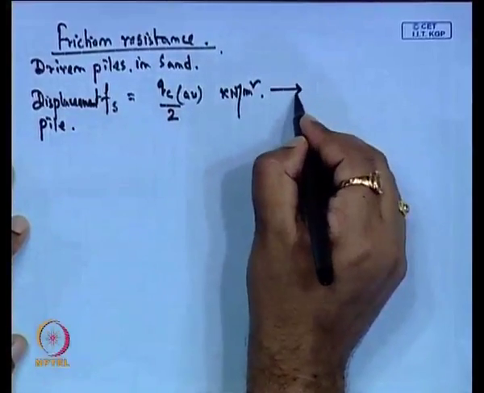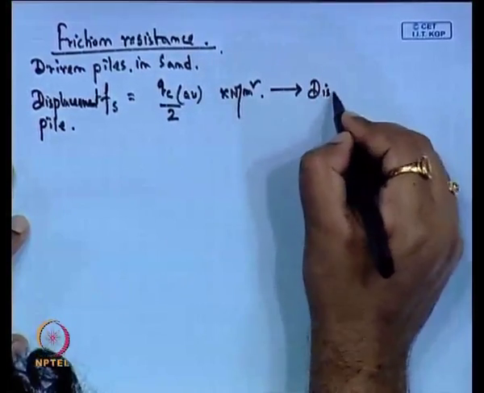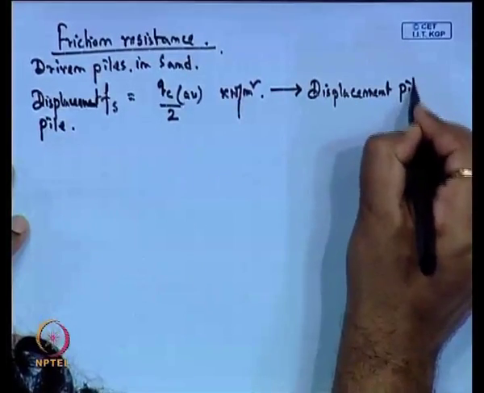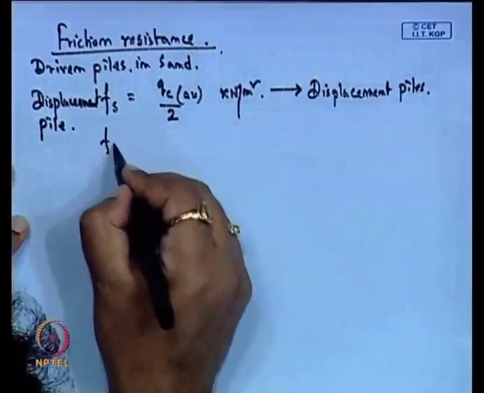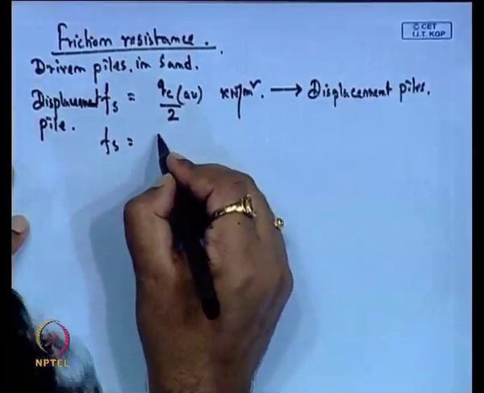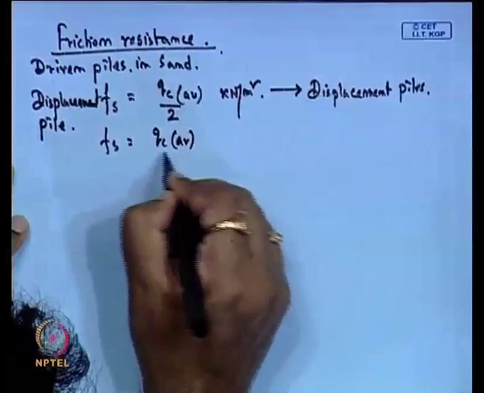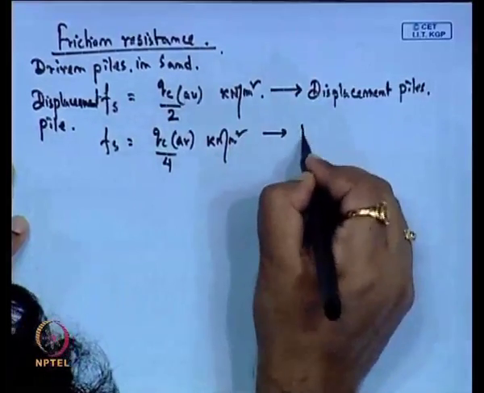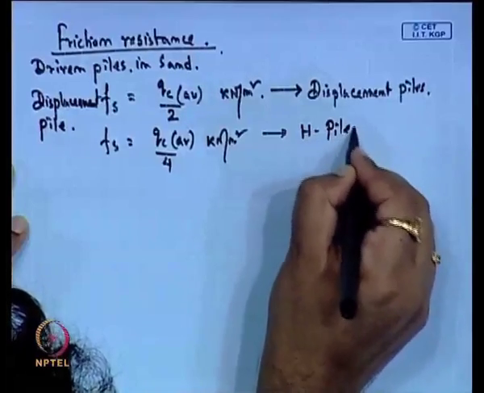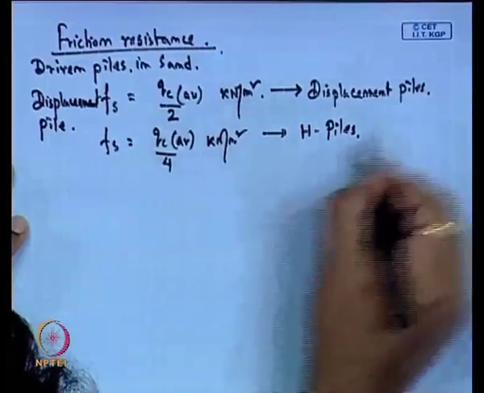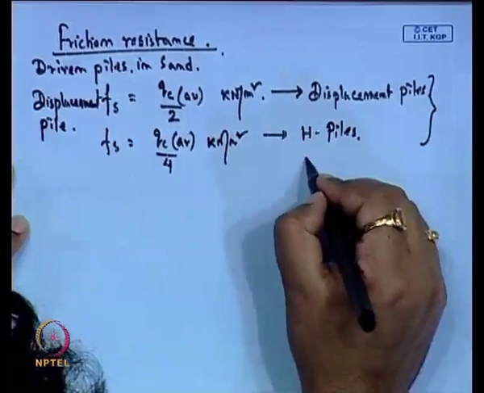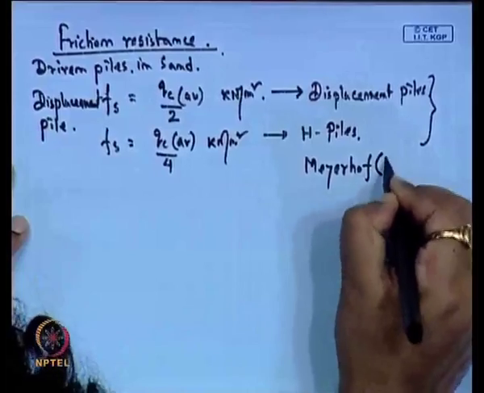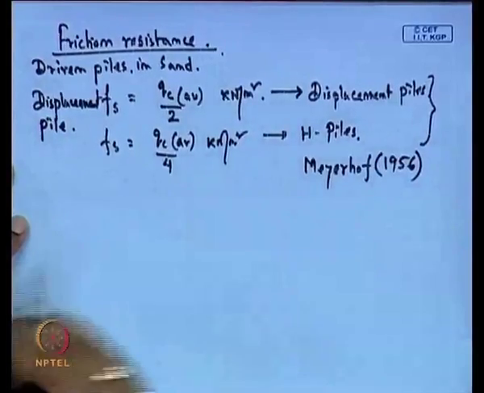And f_s is equal to q_c average by 4, in kilonewton per meter square, this is for the H pile. Both of these expressions are given by Meyerhof in 1956.